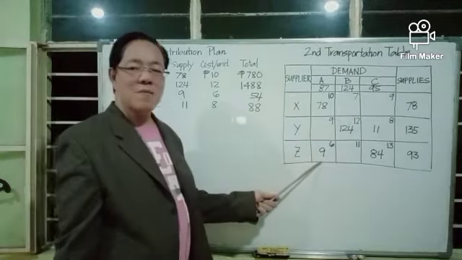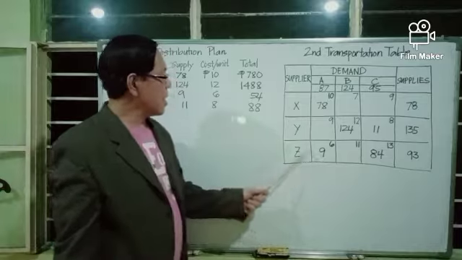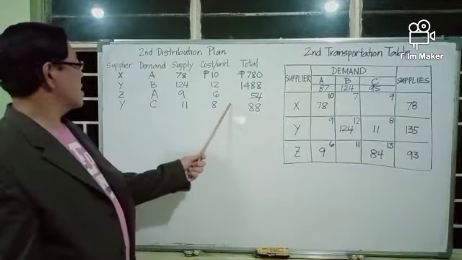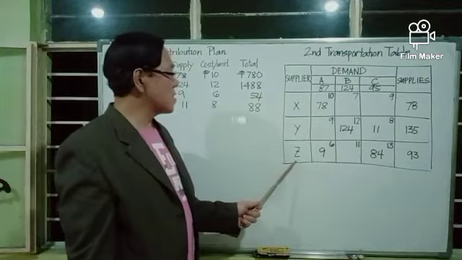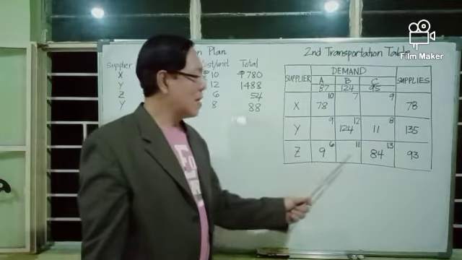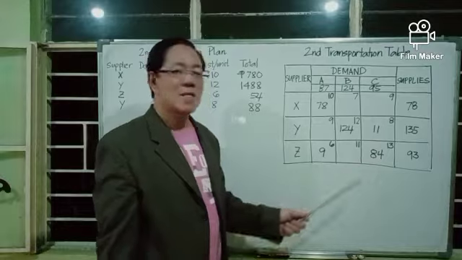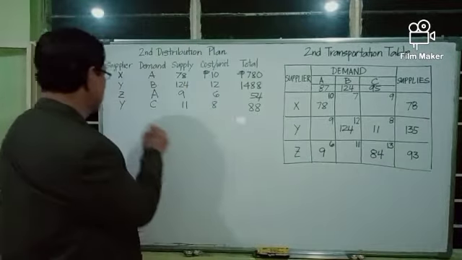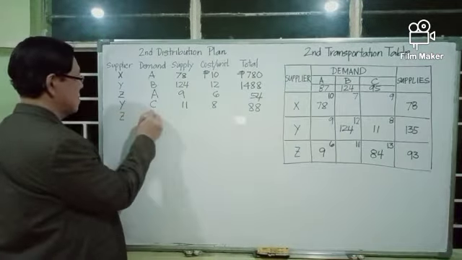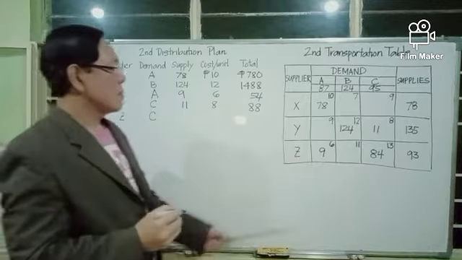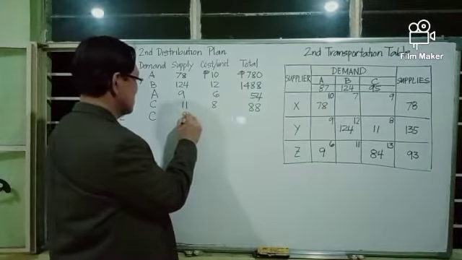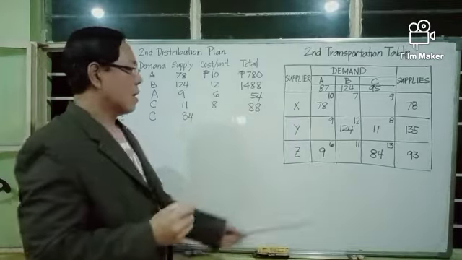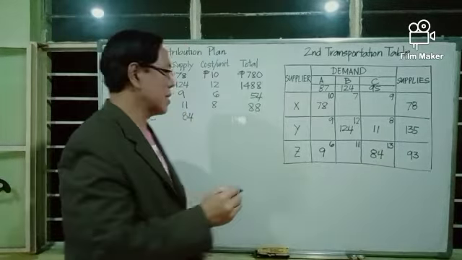We already have Z to A in our distribution plan. The last one is this 84 units from supplier Z to customer C, Z to C. We deliver 84 units at 13 pesos per unit.